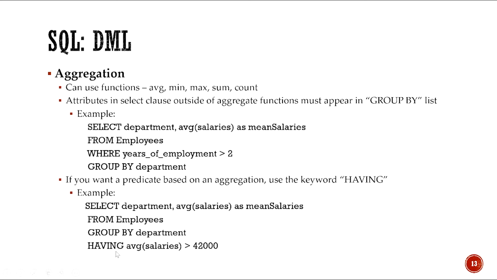So if you want a predicate based on aggregation functions, use the keyword having. So select department, again average salaries, from the same table, employees, group by department, having average salaries greater than 42K. So we will need the having keyword in this case. So with that, we wrap up our discussion about the basics of SQL.